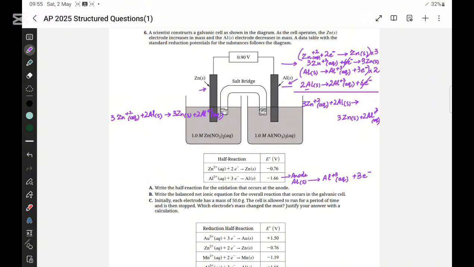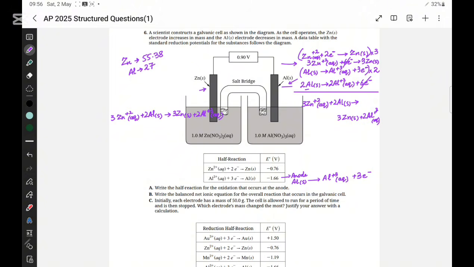Initially, each electrode has a mass of 50 grams. The cell is allowed to run for a period of time and is then stopped. Which electrode's mass changed the most? Zinc has a molar mass of 65.38, and aluminium has a molar mass of 27.